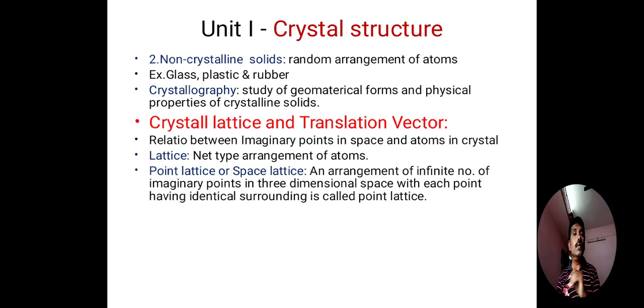And in this two-dimensional array, the arrangement of an infinite number of imaginary points in space, with each point having an identical surrounding, is called a point lattice, or space lattice.